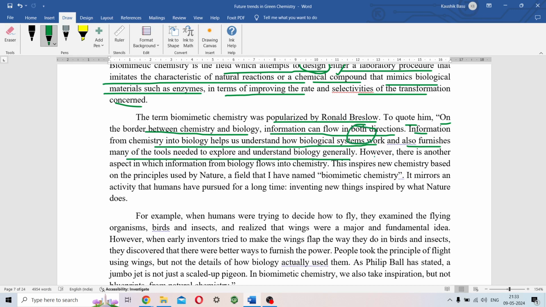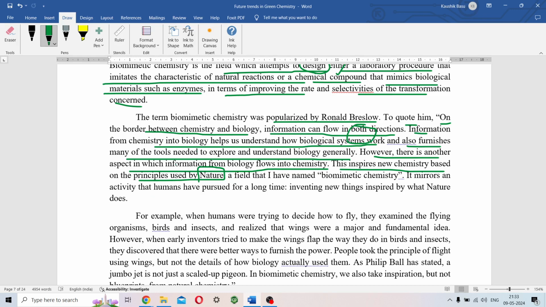So he also adds, however, there is another aspect in which information from biology flows into chemistry. So how is it possible? This inspires new chemistry based on the principles used by nature, because the chemistry that you see inside our body, or for that matter the cell or tissues in a living system, that is designed by Mother Nature.